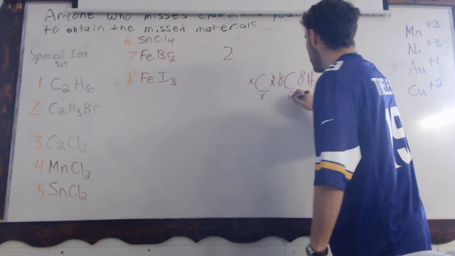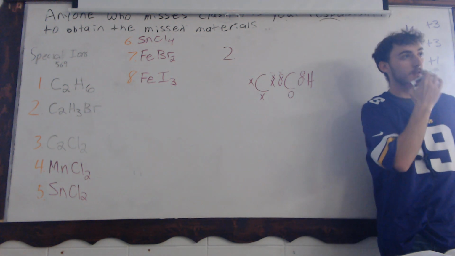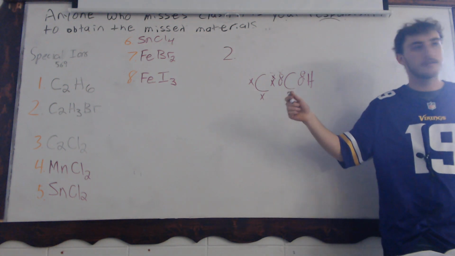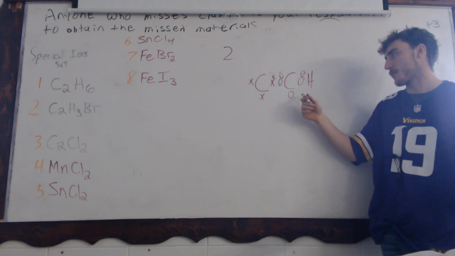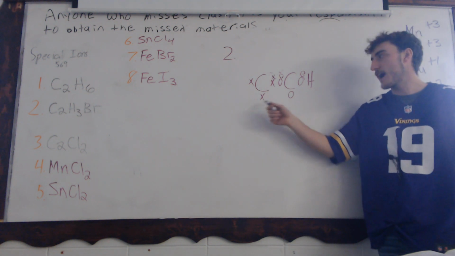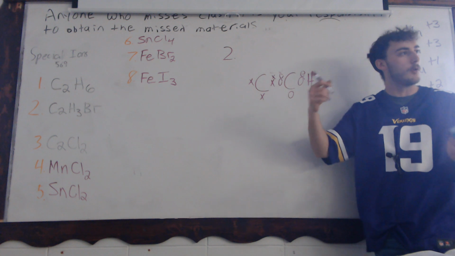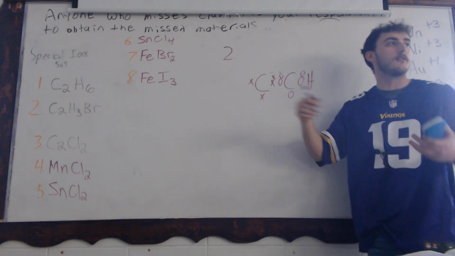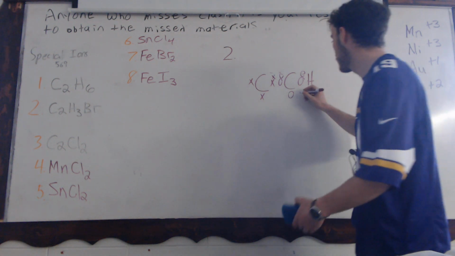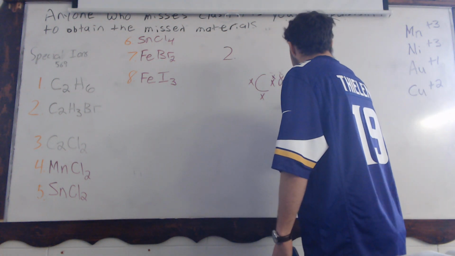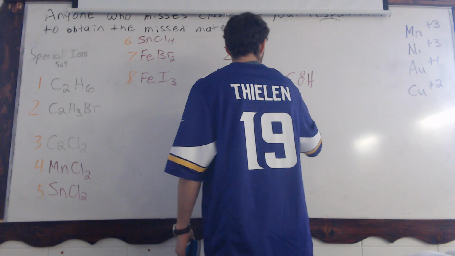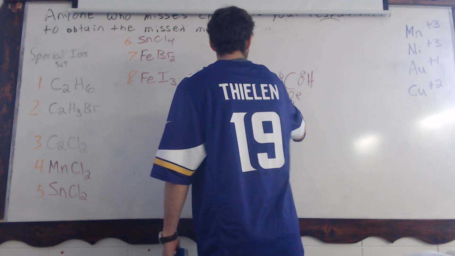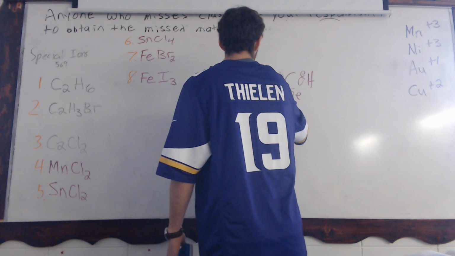That's pretty neat. It doesn't matter. Well, actually, it does not matter where you put the hydrogens or the bromine. They both provide a full set of electrons for that carbon.